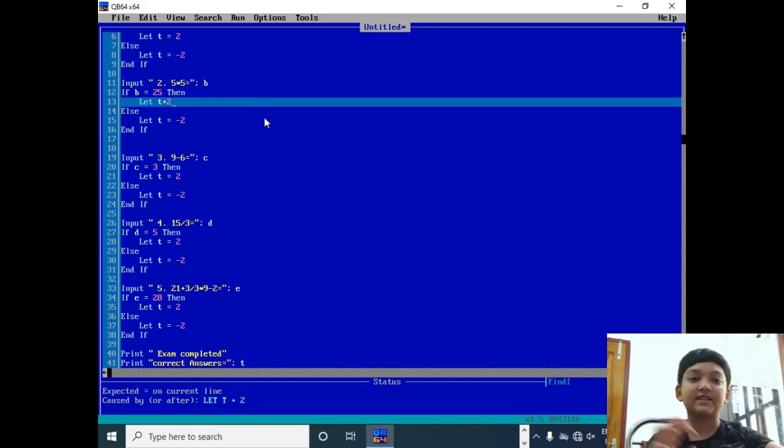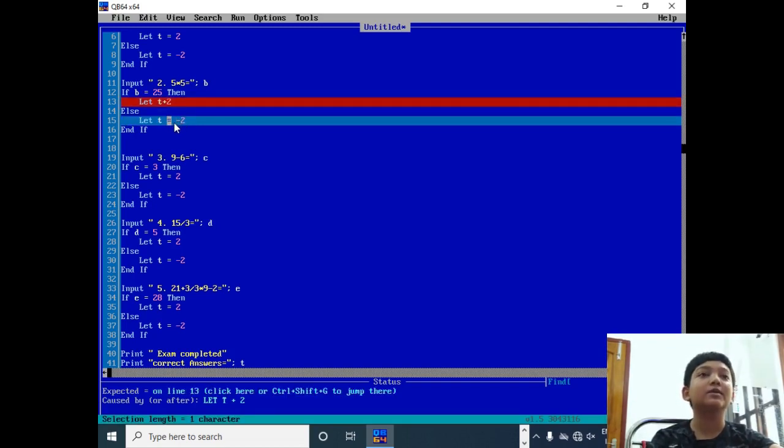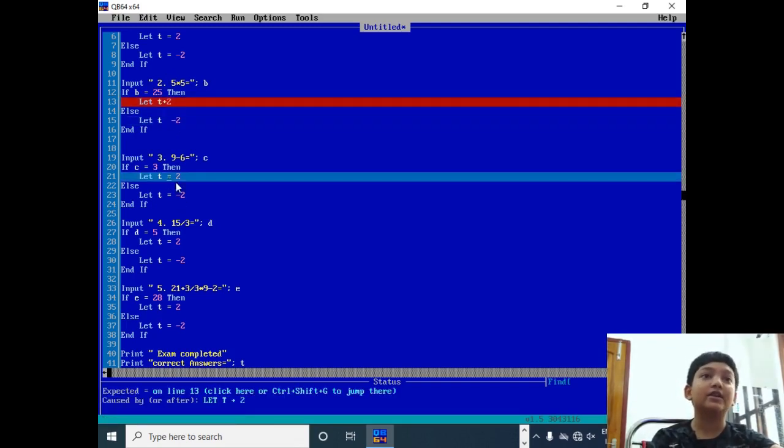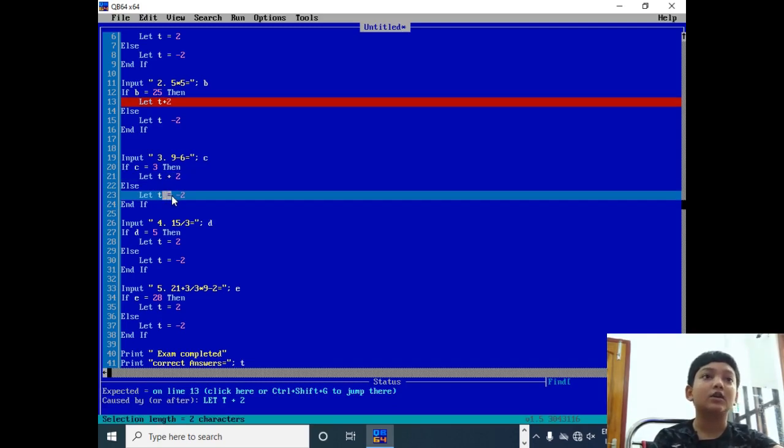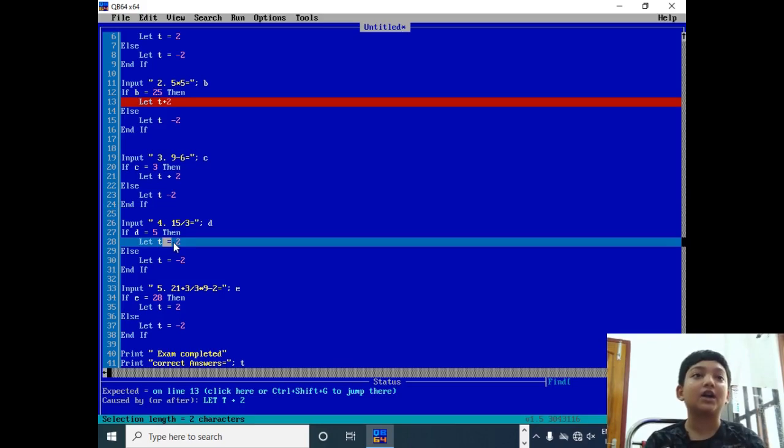If this is correct, then plus 2 will be our t, and when it is wrong, then this will be minus 2. Okay, and now erase this. Got it? And the final answer will be what? Our final exam answer will be t.